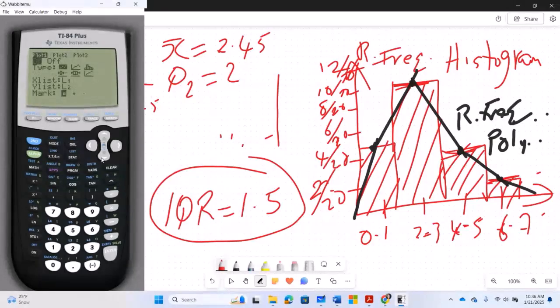I can have 6 plots. The first one is the scatter plot. The second one is maybe the ogive, the line graph. The third one is the histogram, which is what I'm told to do. The fourth one is a modified box plot, used to see if an outlier is in the data.